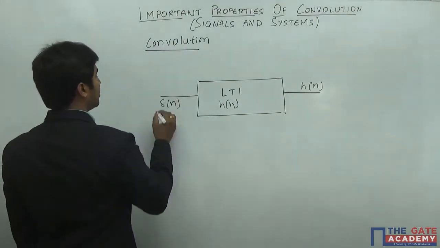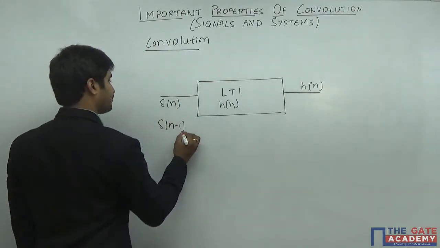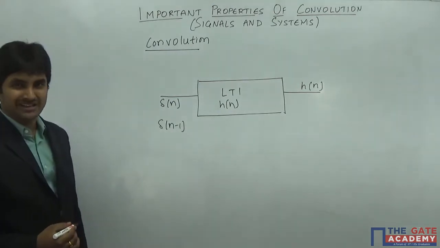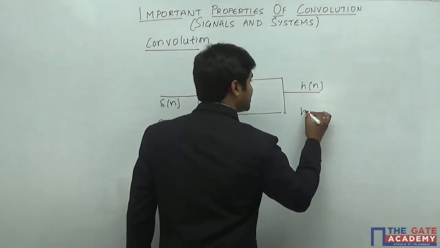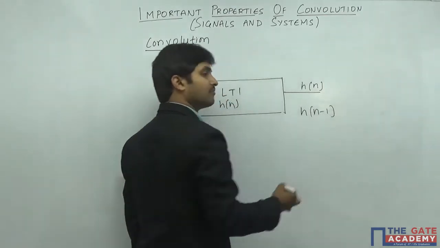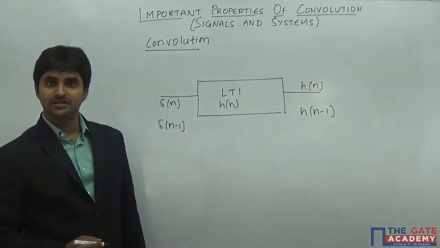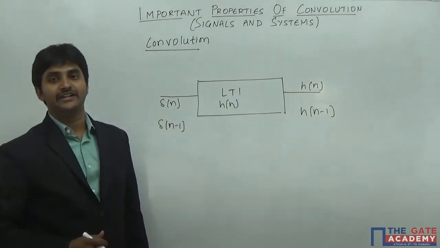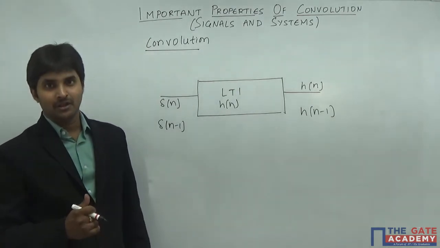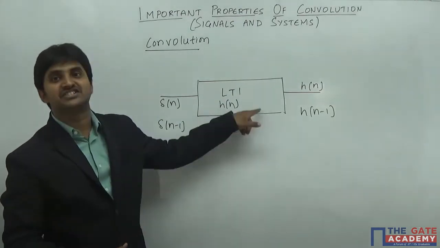When the input is del of n minus 1, what is the output? Can I write it as h of n minus 1? Yes, I can write it, because it's a time invariant system.